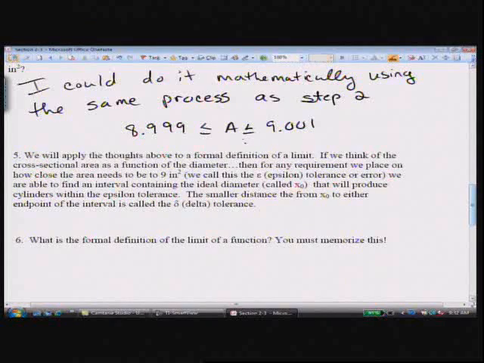The smaller distance from x naught to either endpoint of the interval is called the delta tolerance. Okay? So given an epsilon, I will be able to find a delta to make it work.